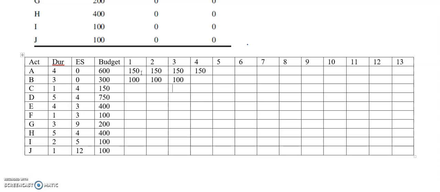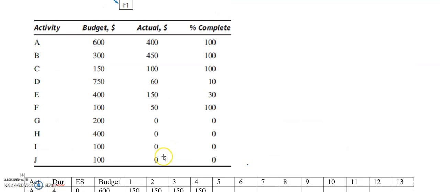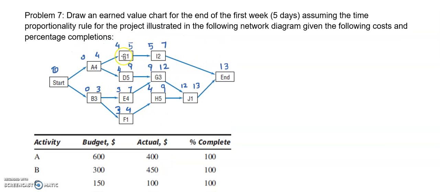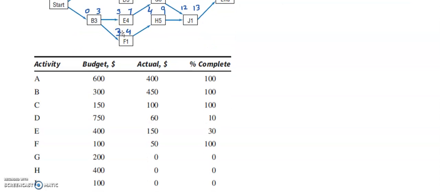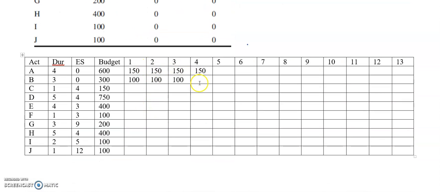Similarly, C is starting from the 4th day. Actually, C is starting from the 5th day, because C is starting after A. This is the end of day 4, start of day 5.